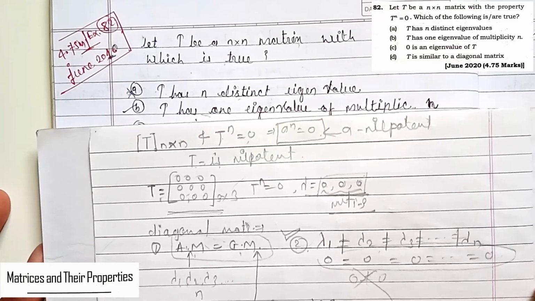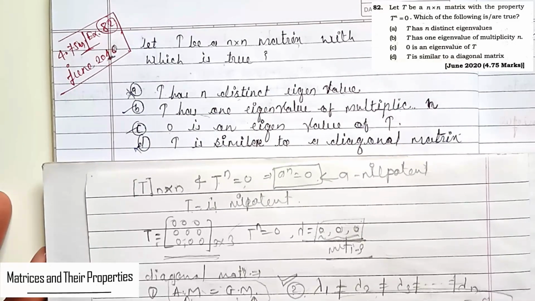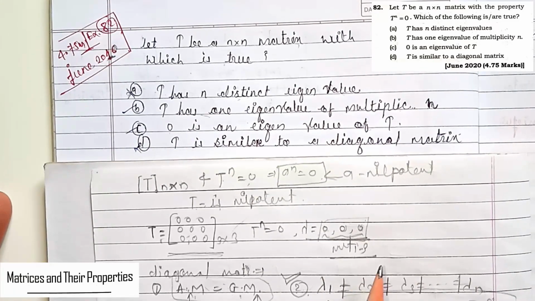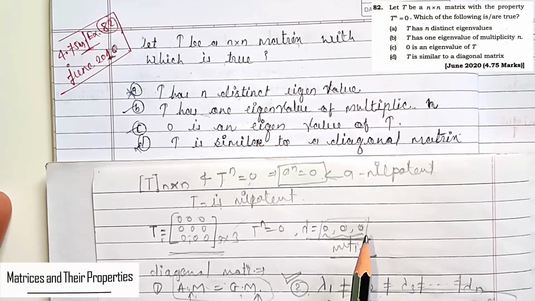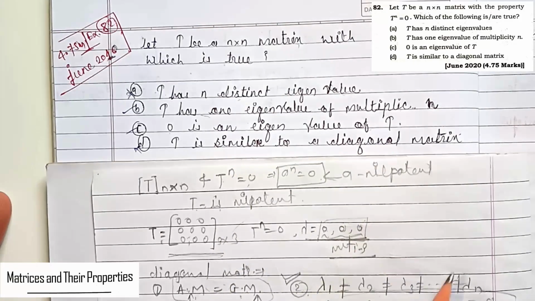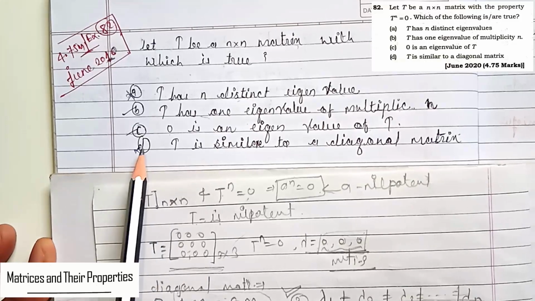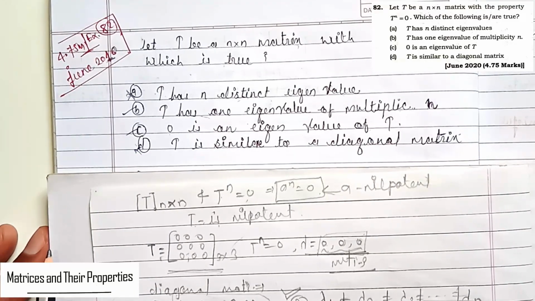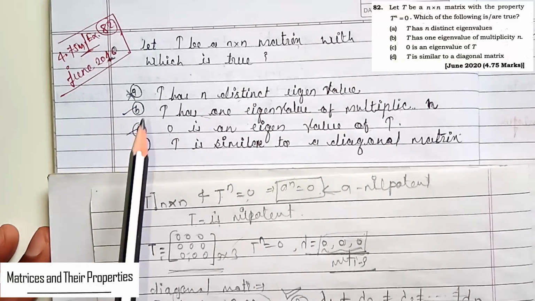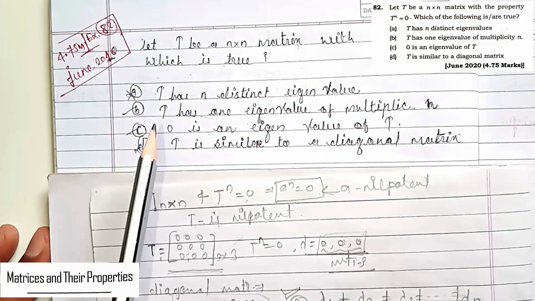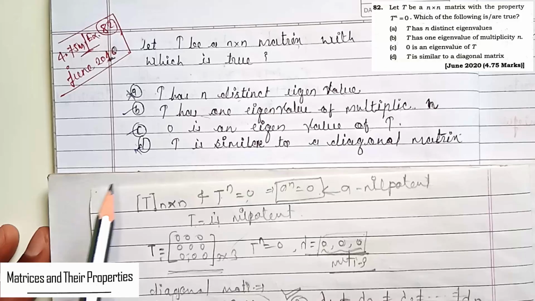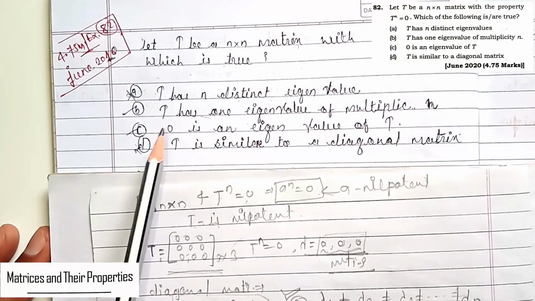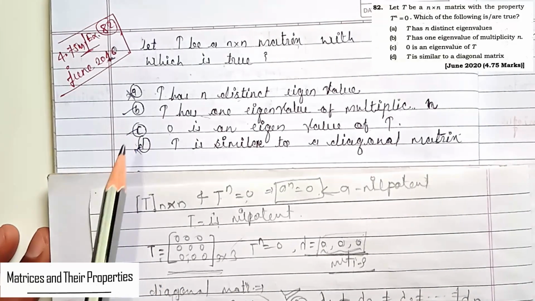The condition for diagonalization is broken here. So we cannot say our matrix is similar to a diagonal matrix. So option D is wrong here. So from options A, B, C, D, option A and option D are both eliminated, and the correct options here are option B and option C.